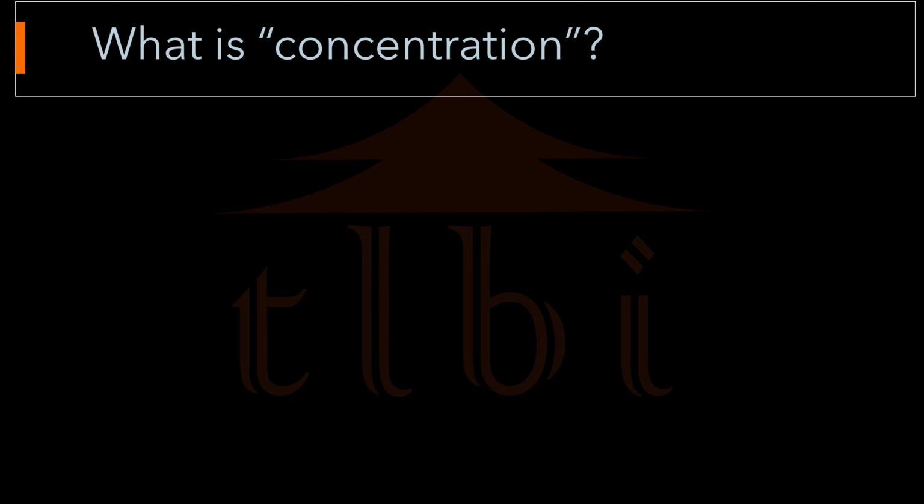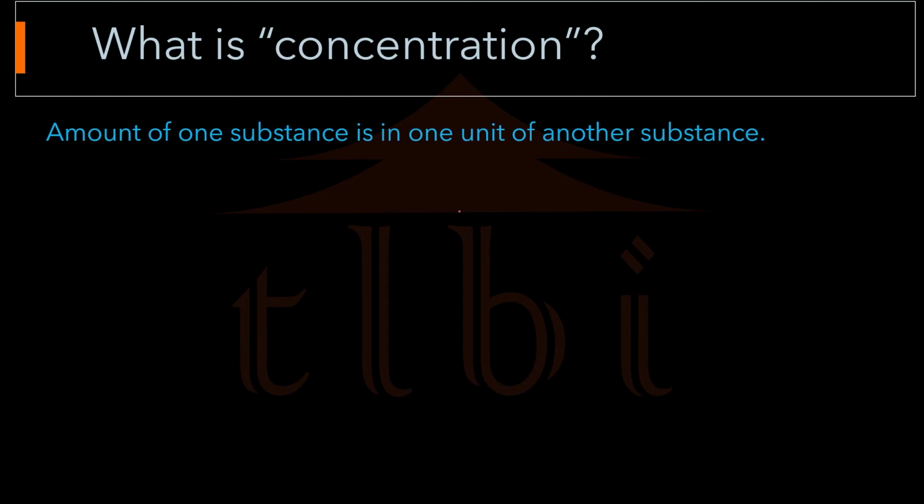Let's look at what is concentration. Concentration is the amount of one substance present in 1 unit of another substance, and the other substance here is usually a solution, right?